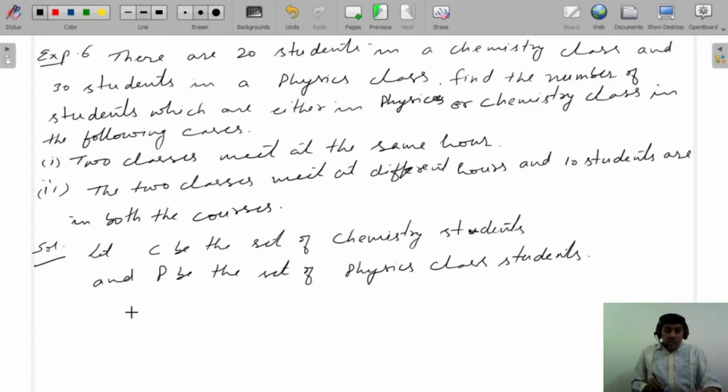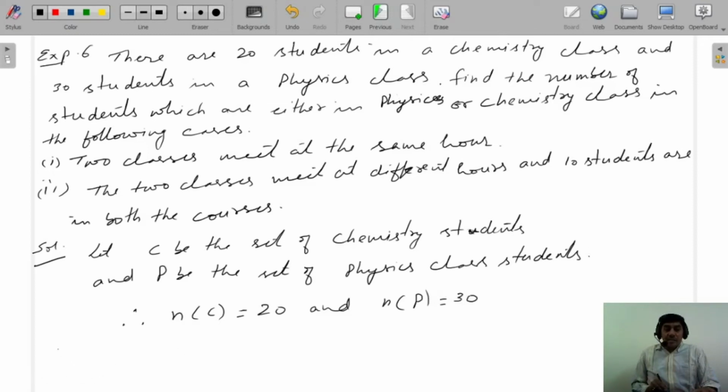So, according to the question, n of C, the number of students in chemistry class, is equal to 20, and n of P, the number of students in physics class, is equal to 30.